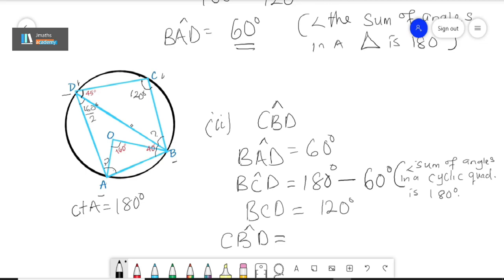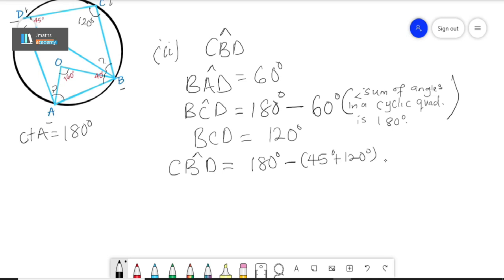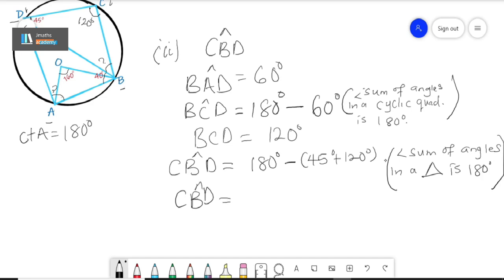So to find the angle CBD, we have 180 degrees minus (45 plus 120), which is 180 degrees minus 165 degrees.